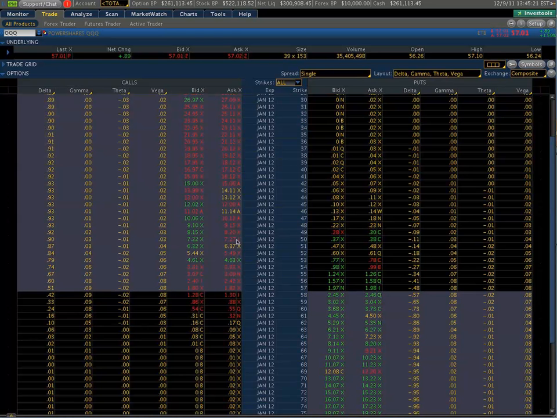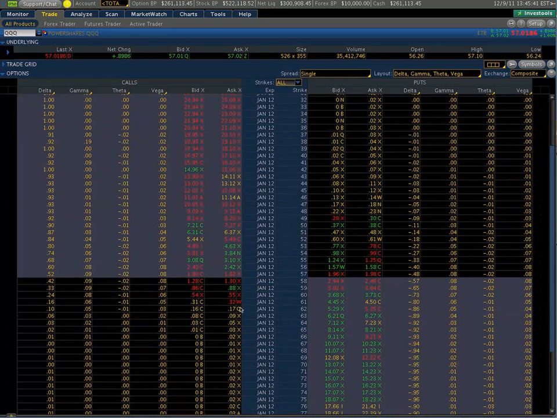On the 50 strike price option, if the Qs were to fall by $1, you would lose a total of 90 cents. So the total aggregate amount of your loss would be greater than it would if you purchased the 60s. So there are advantages and disadvantages of both styles of options, either buying in-the-money options or at-the-money options or out-of-the-money options.